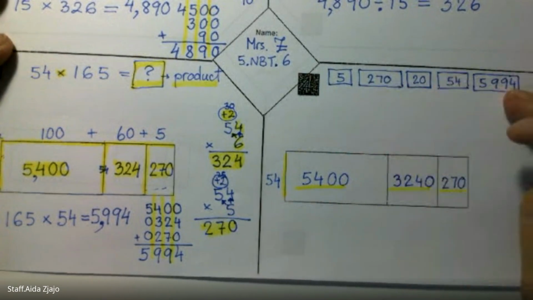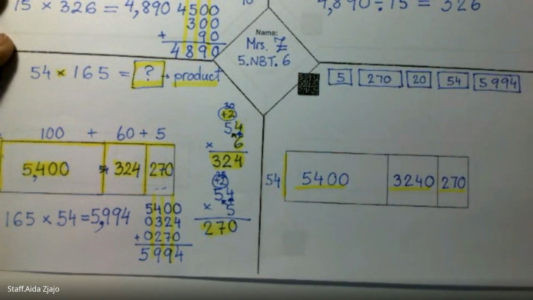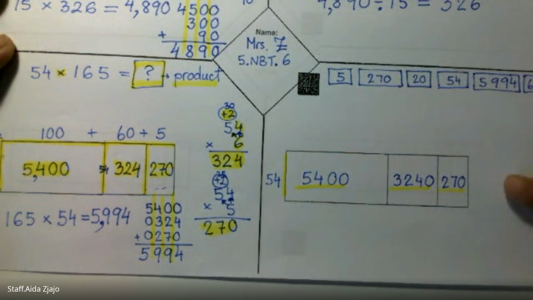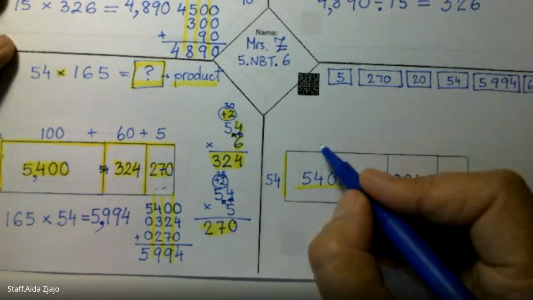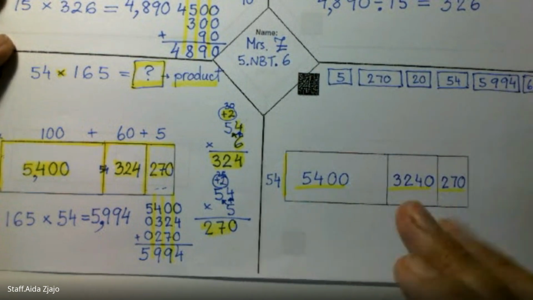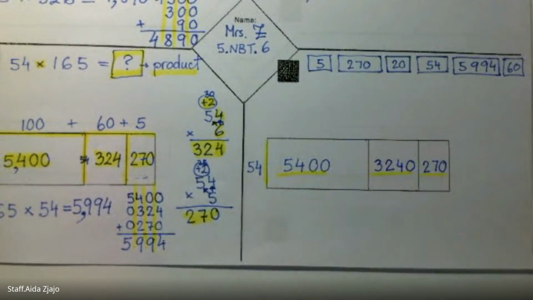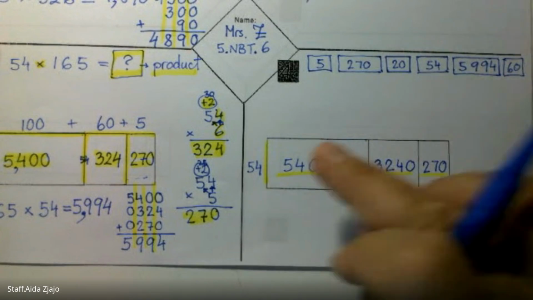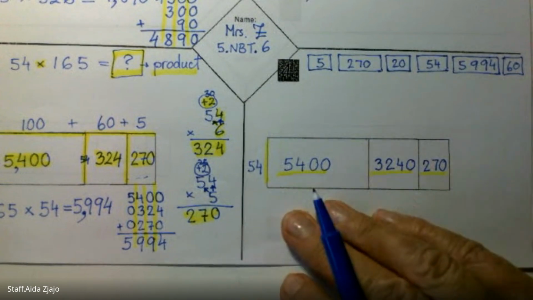Then the students need to drag the numbers that go in these boxes right here. But if you don't know how to find what the number is, you won't be able to take the number and drag it in the correct spot. So let's see how we can figure it out.